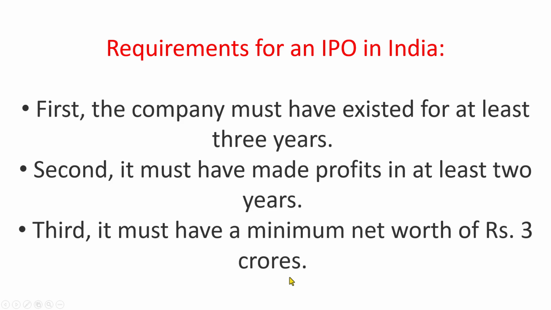Now, let us say that the oil mill has satisfied all these requirements. Now, the next question is, at what price should they offer the shares of the company to the public?